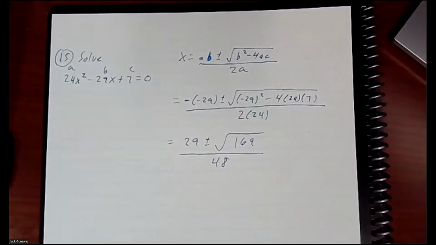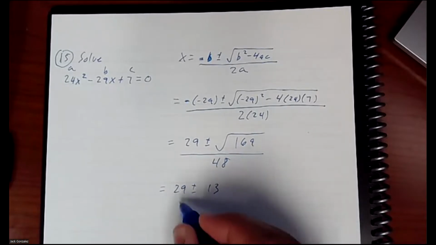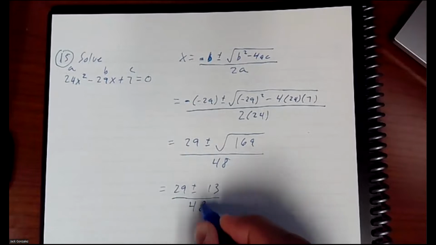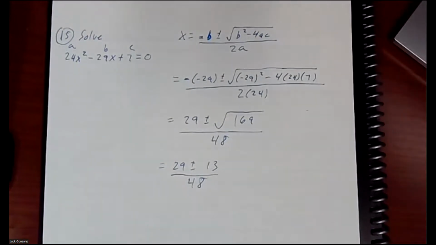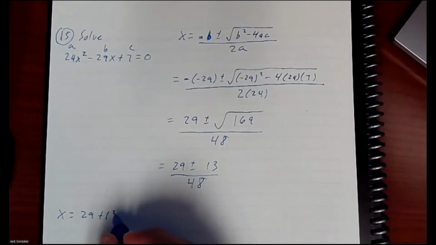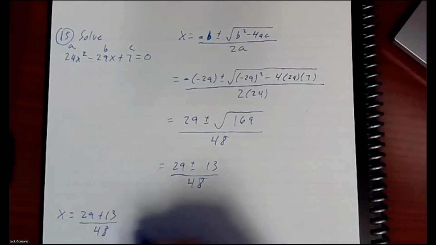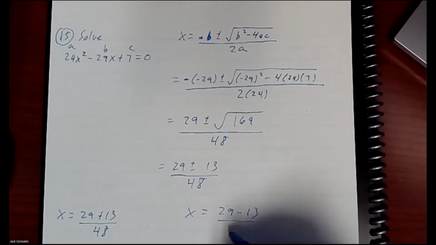Square root of 169, I believe that's 13. That's a pretty number. Okay, so at this point, we have x equal to 29 plus 13 over 48 as one solution, and x equal to 29 minus 13 over 48.